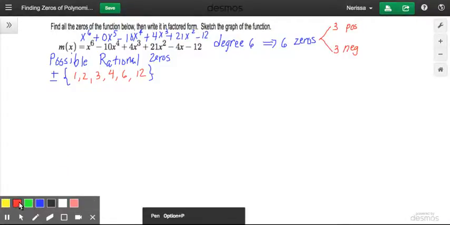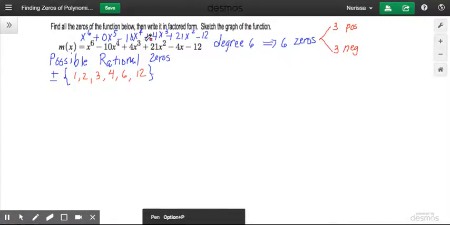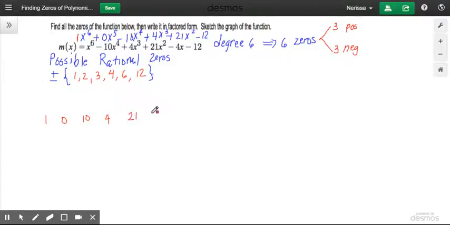And now that we have all of the exponents represented, now we are going to take the coefficients. So coefficient of this is 1, so we're going to take 1 in here, and then 0 for x to the 5th, and then minus 10 for x to the 4th, 4 for x to the 3rd, and 21 for x squared. Oh, I forgot the x.